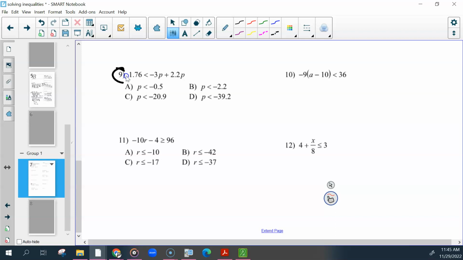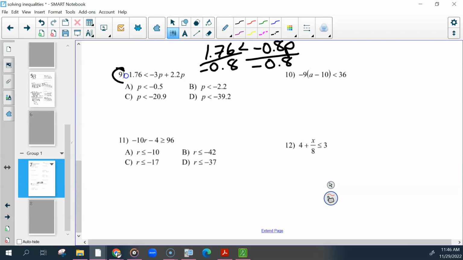We have like terms we can combine. So if I added 2.2 to negative 3, we would get negative 0.8. And if we divided negative 0.8 on both sides, the sign is going to change directions.